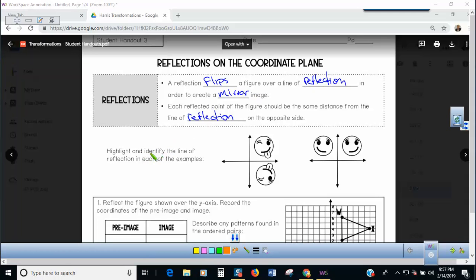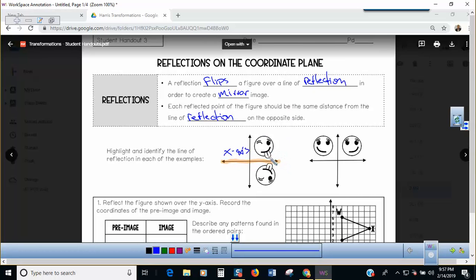All right, so in this first example, it says highlight and identify the line of reflection. So in this first example, our line of reflection is going to be the x-axis. Okay, the x-axis.